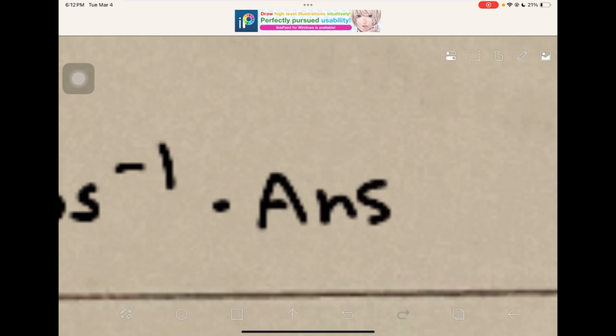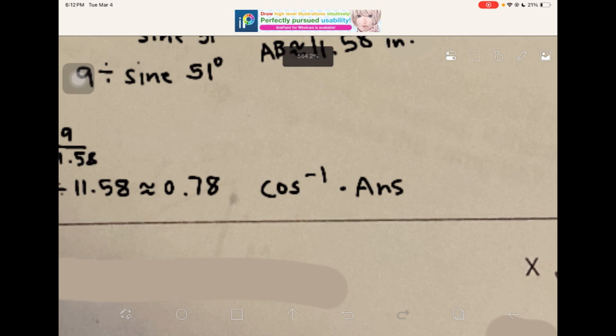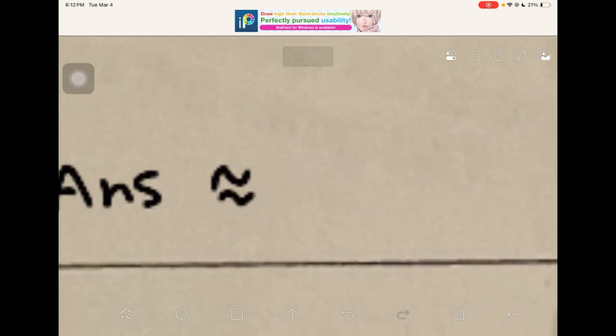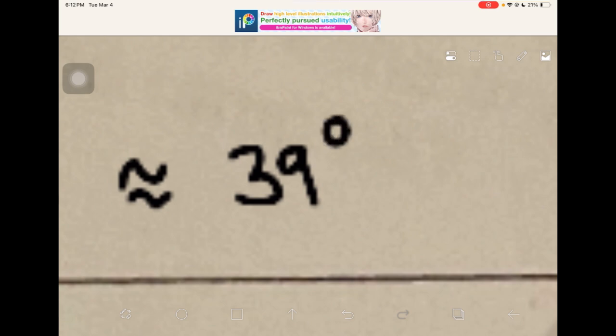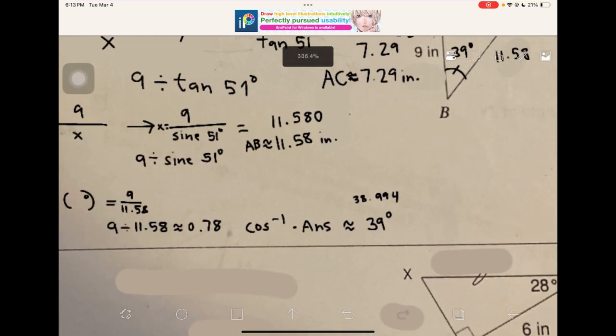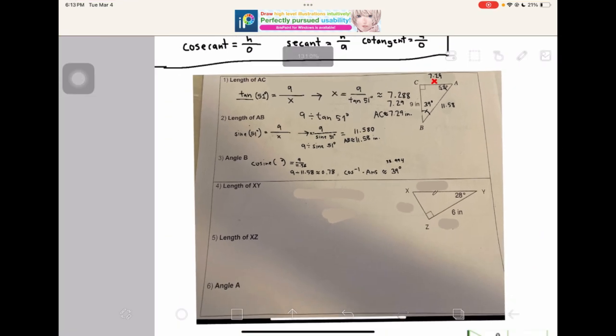It has to be the exact answer, so you can't just put 0.78. It will result in an error. After plugging that in, we get 38.994 degrees. So we were really close, and indeed the answer is 39. So that's our first example done.